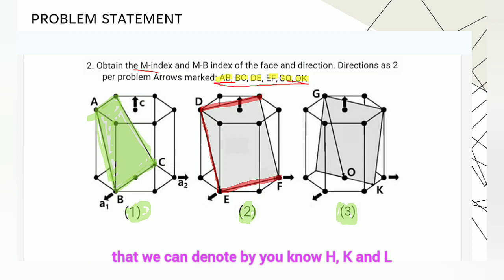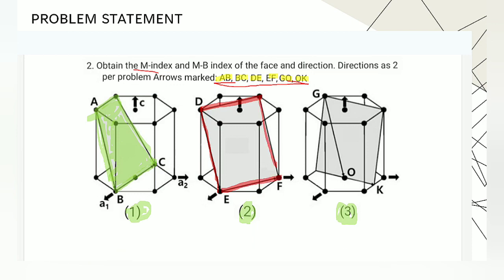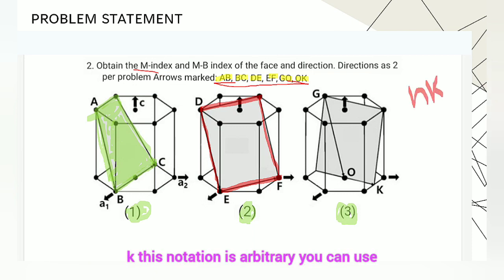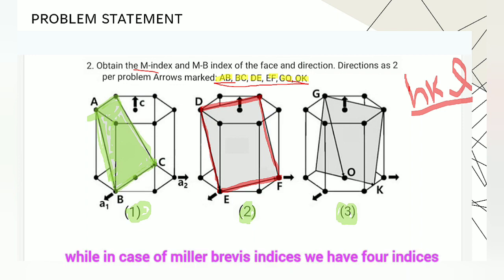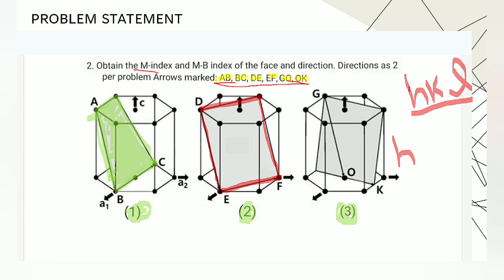that we can denote by H, K, and L. This notation is arbitrary. You can use U, V, W as well. So it's up to you which notation you want to adopt. For Miller indices, I would use the notation H, K, and L. Miller indices are actually 3 indices only, while in case of Miller-Bravais indices, we have 4 indices which are named H prime, K prime, I, and L prime.